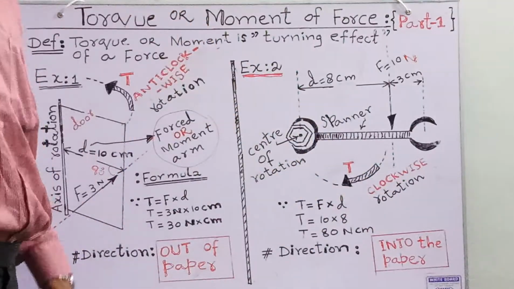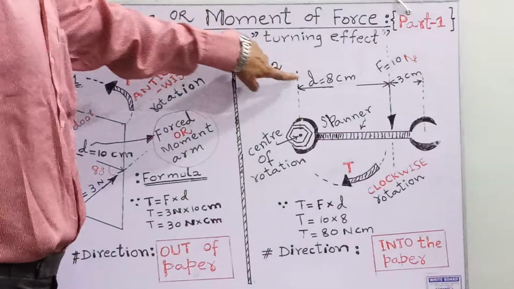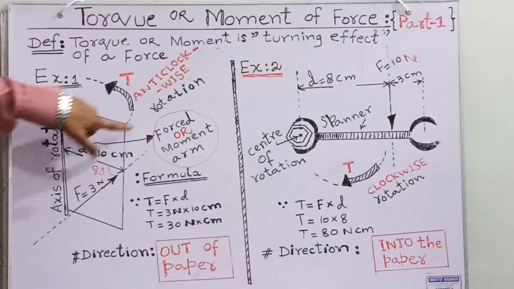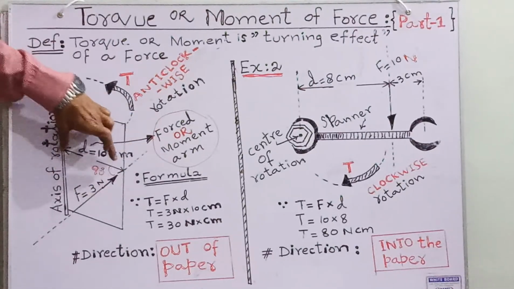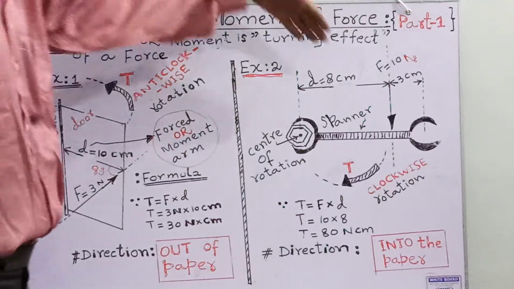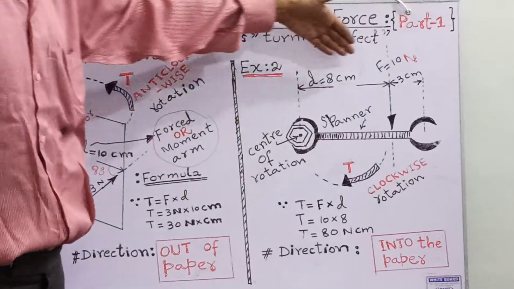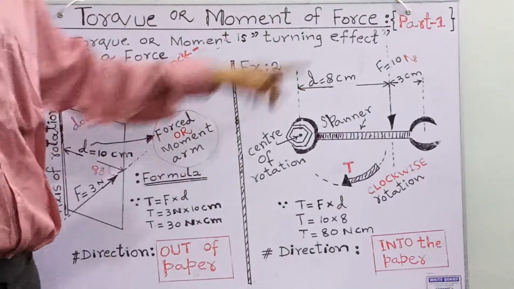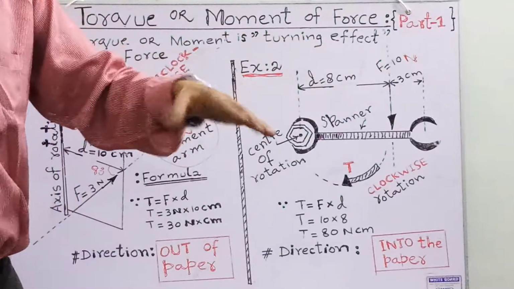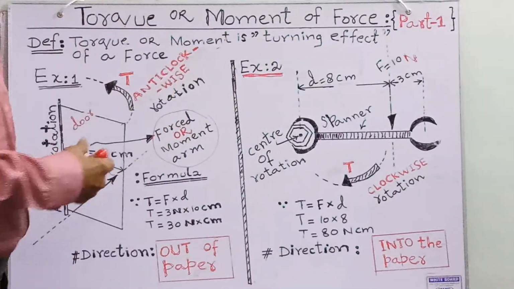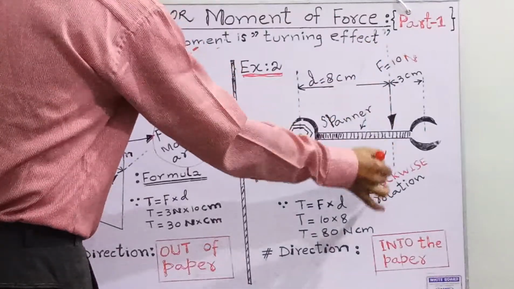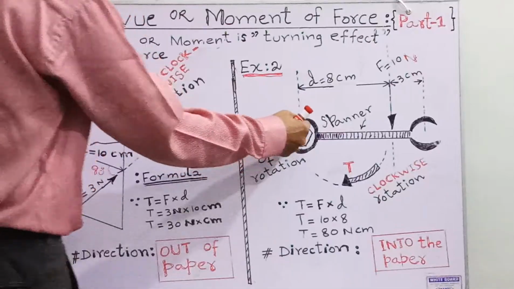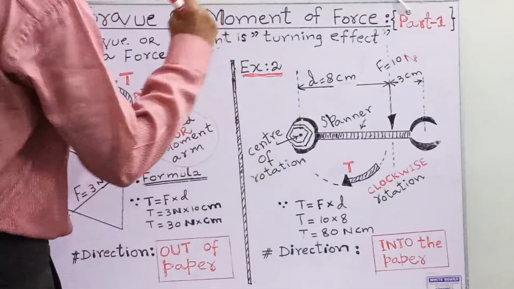Now in this, once again, what is D? D is the same as over here. We call this D the force arm or momentum. It is also called the perpendicular distance. This D is also called the force arm, and it is the perpendicular distance from the line of action of the force to the center of the bolt, the center of the screw, whatever you call it.